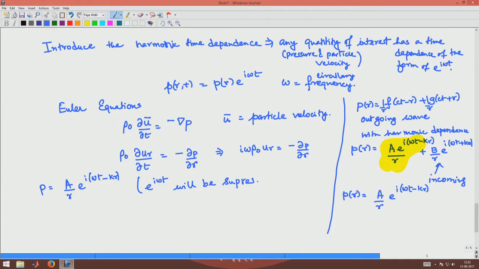We just suppress this for brevity. e to the power i omega t is implied, we do not have to write it again and again. So, we write this in short form as P(r) equals a by r e to the power minus i k r. So, this is the harmonic outgoing spherical wave.